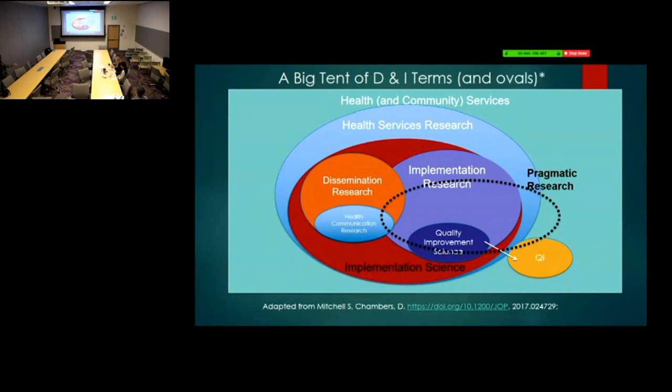QI research is kind of called quality improvement science. And then you've got implementation science as a part of health services research. And then you've got dissemination, implementation, and then a big, big overlap is pragmatic. So it kind of fits in this space, sort of. All right? So it's a part of health services research.